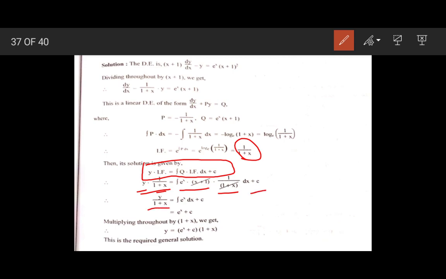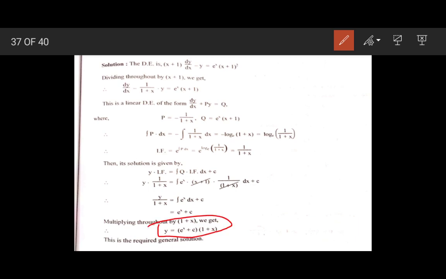So y upon 1 plus x is equal to, the x plus 1 cancels, the integral of e raised to x dx plus c. Now the integral of e raised to x is e raised to x plus c. So finally I get y is equal to (e raised to x plus c) into (1 plus x), which is the required general solution of the given differential equation.